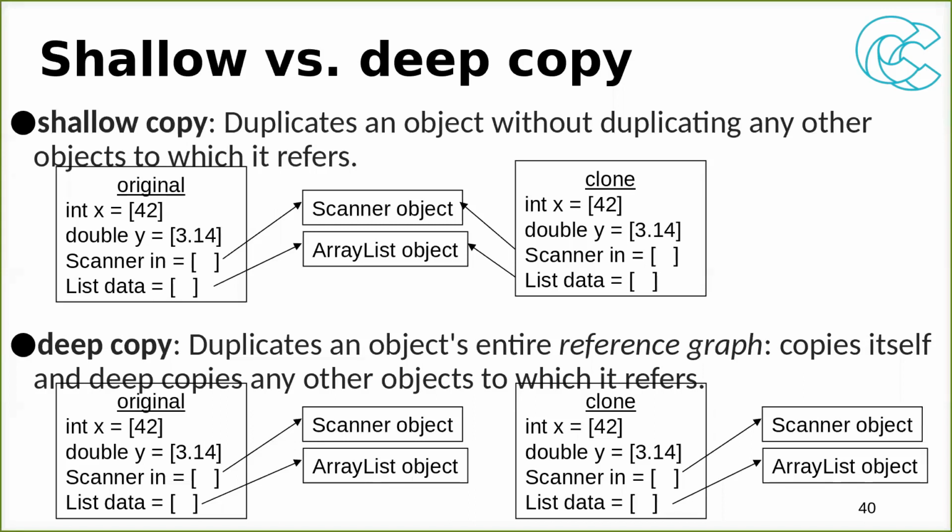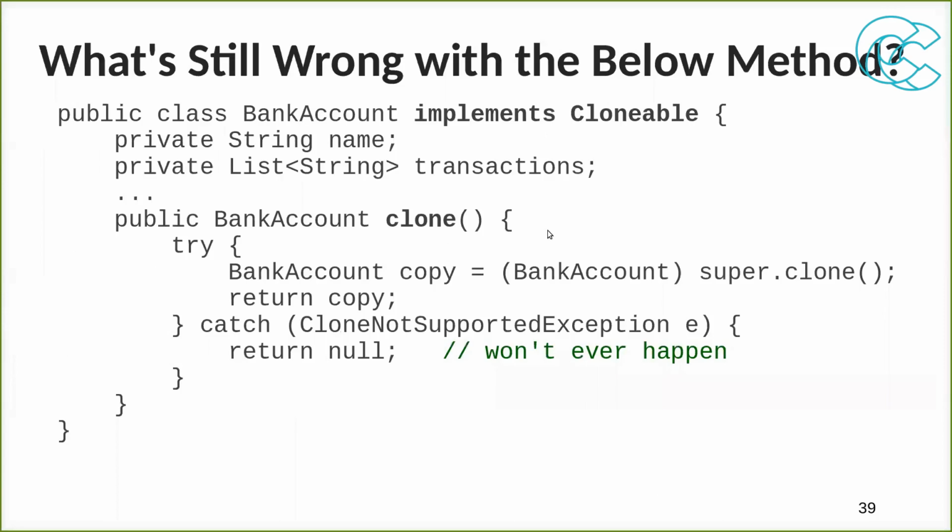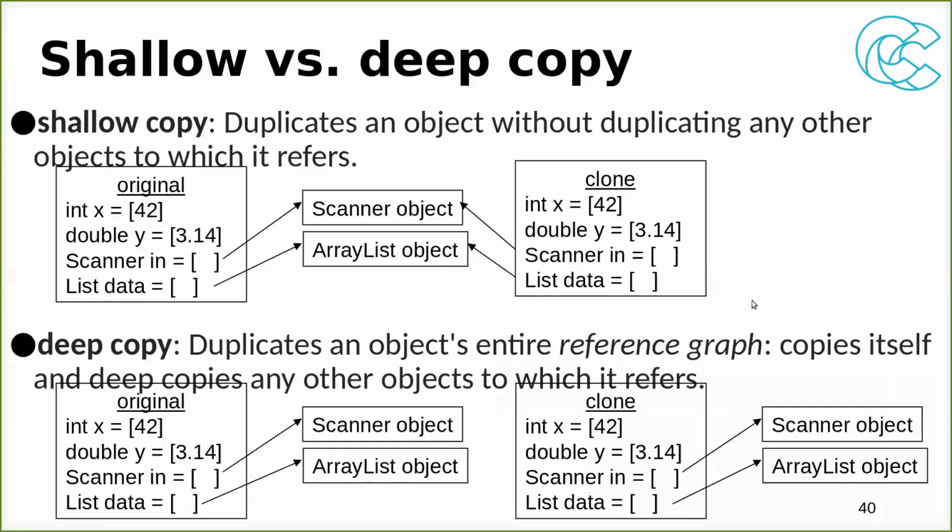So it's a complex or user-defined data type. So there can be a reference to a reference, and that can further have references. So if you copy the entire reference graph, that is what is called deep copy. If you do a simple assignment, then you are simply copying the reference and not the values. Right? So in that case, it's called a shallow copy. And if you use simple super.clone, it will do a shallow copy, which you want to avoid.